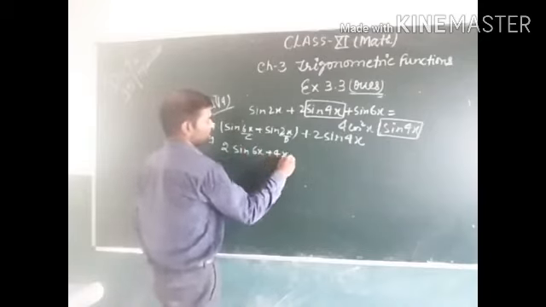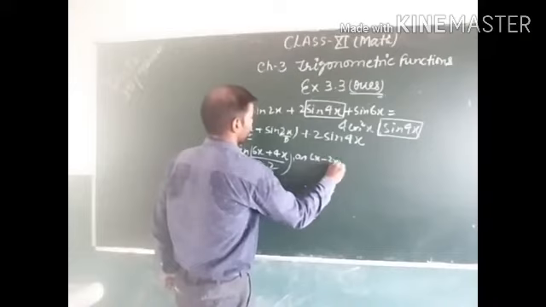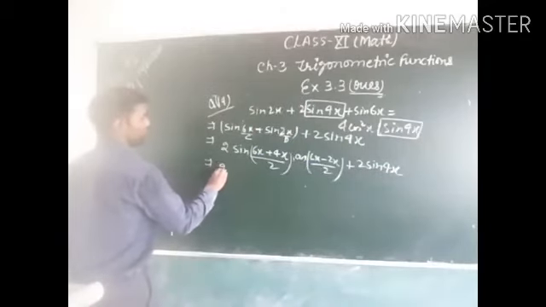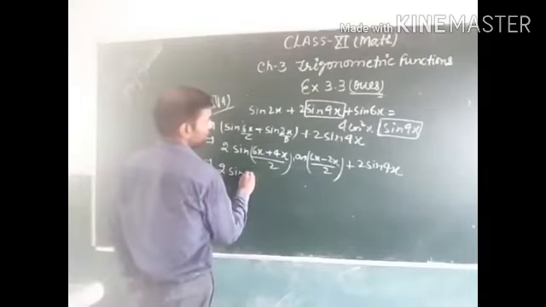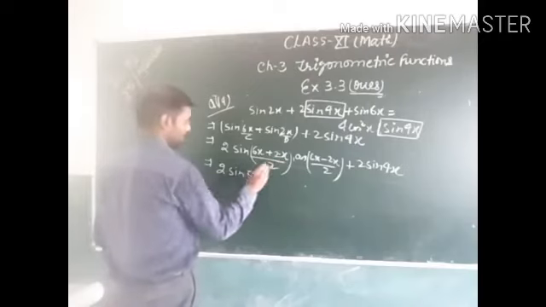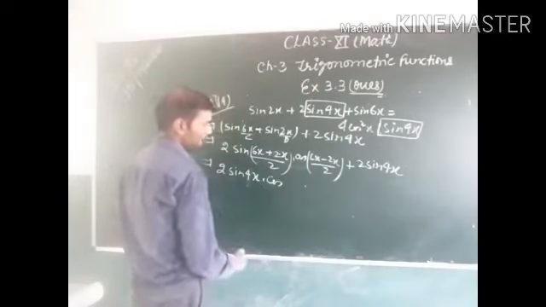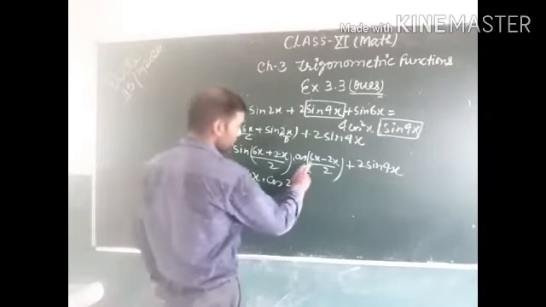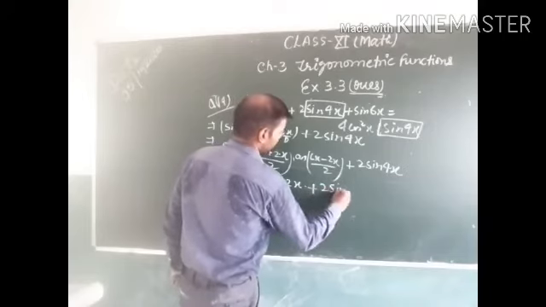This is 2 sin of 6x plus 2x, which is 8x, divided by 2, this is 4x, into cos of 6x minus 2x, which is 4x, divided by 2, this is cos 2x, and plus 2 sin 4x.